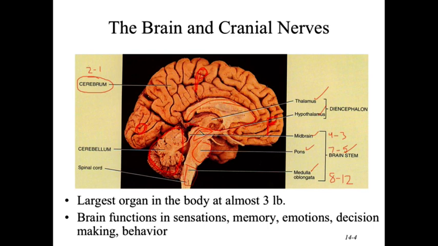If you're living in your mother's basement and they're supporting you and you're not working, and you're fully capable of doing that, perhaps it has to do with frontal lobe dysfunction. Okay, very, very common.